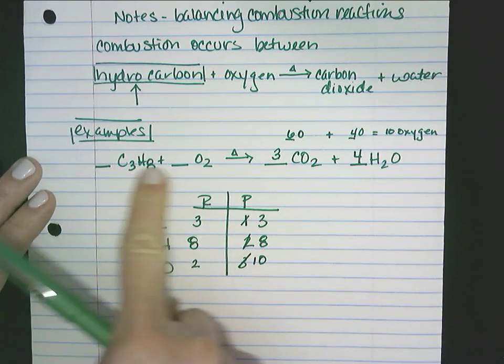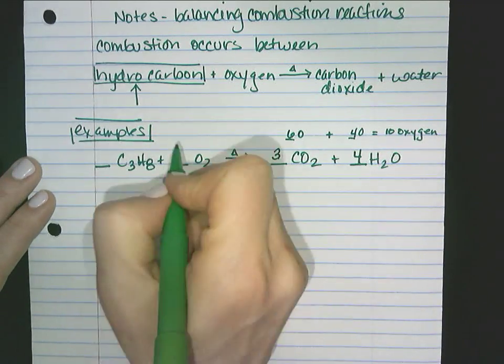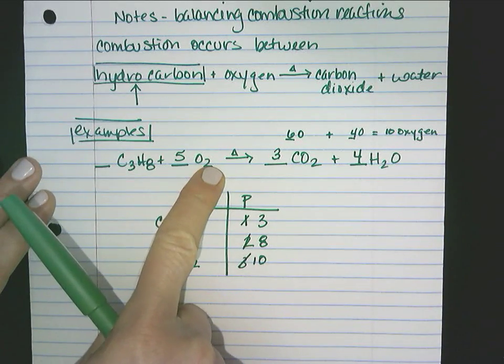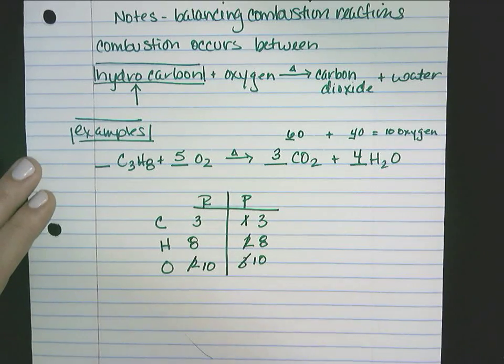So how are we going to get 10 over here? Well, we can simply put a 5 in front of that oxygen, and 5 times 2 makes that 10.